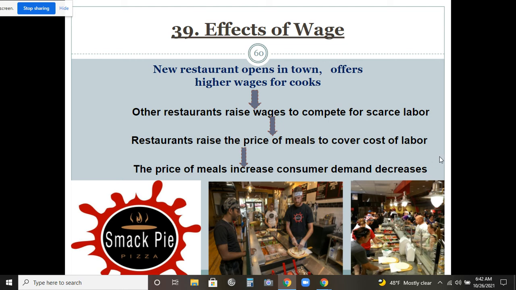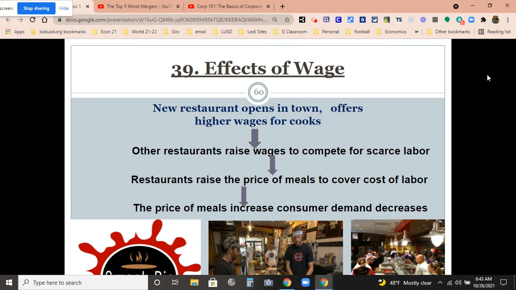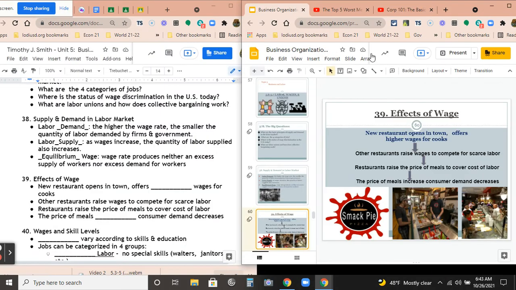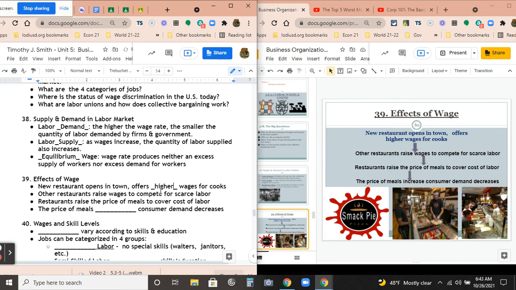Wages go up, costs go up, demand for the products goes down. But if you don't ever raise wages, you're going to lose your most talented employees. Let's go ahead and write in some notes here. Hopefully, you follow that scenario. Yes, paying people more is good for them, but it might not be good for that particular market.